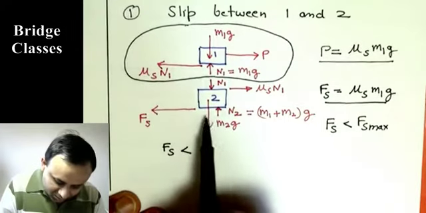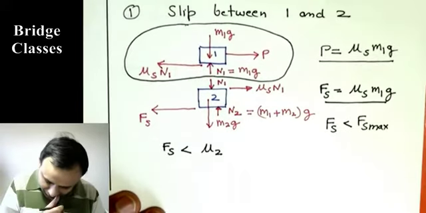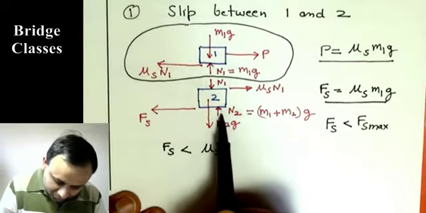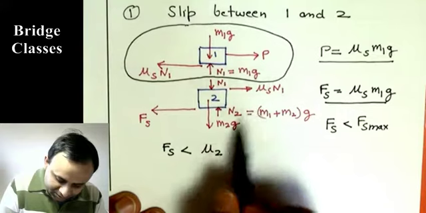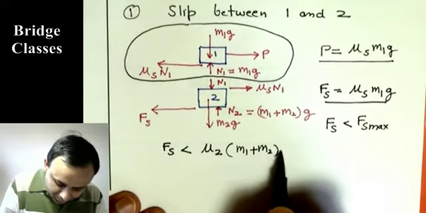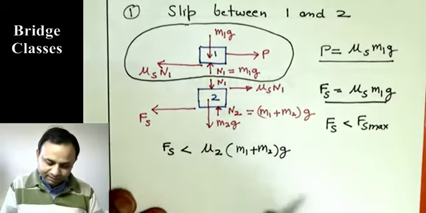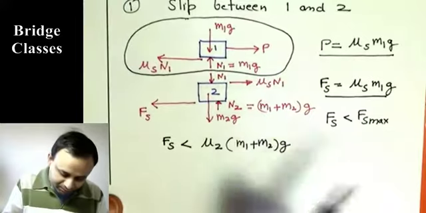Fs max will be mu2 N2, and N2 is (M1 plus M2)G. So mu2 (M1 plus M2)G. Fs has to be less than this, but Fs is mu s M1G.